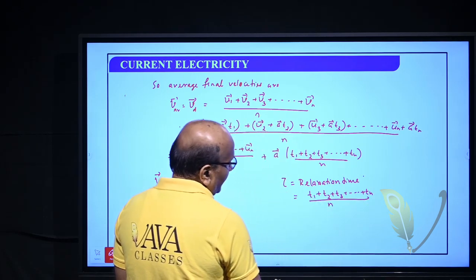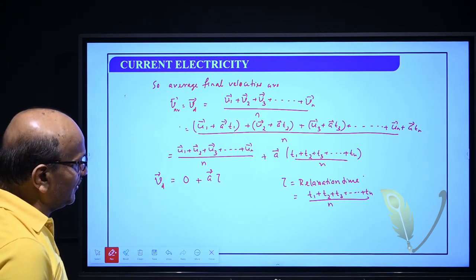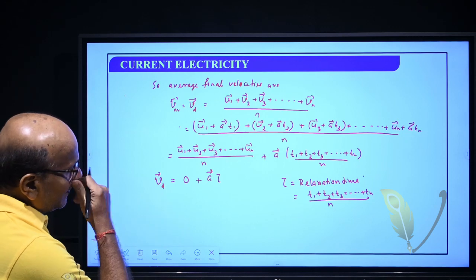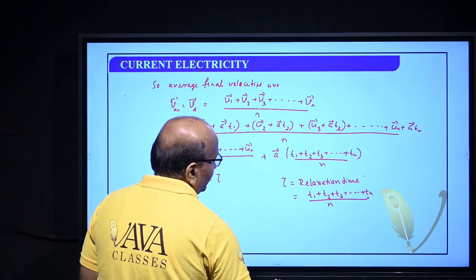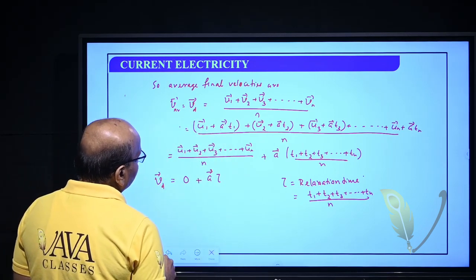Suppose T1 is the time interval for the first collision, T2 for the second collision, T3 for the third collision; the average of these time intervals between successive collisions is called relaxation time. Therefore, Vd is equal to A tau.